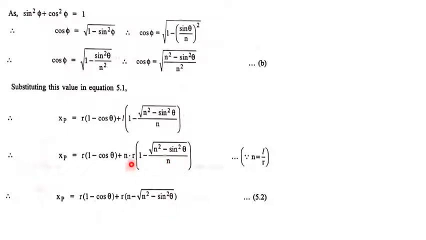After simplifying, n gets cancelled, and n into 1 becomes n, therefore r into 1 minus cos theta plus r into n minus root of n square minus sine square theta. Call this equation number 5.2.